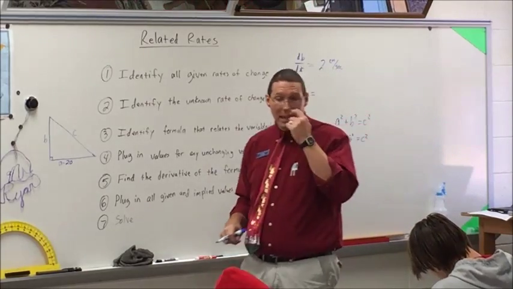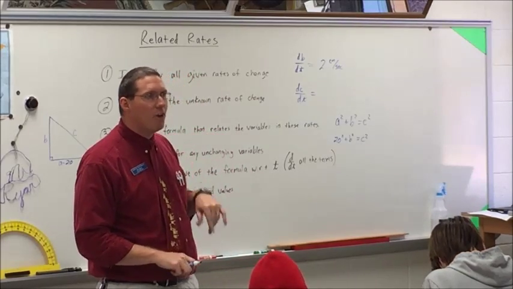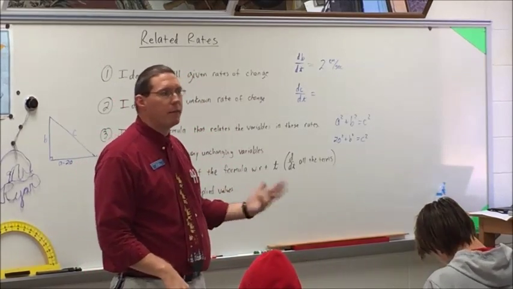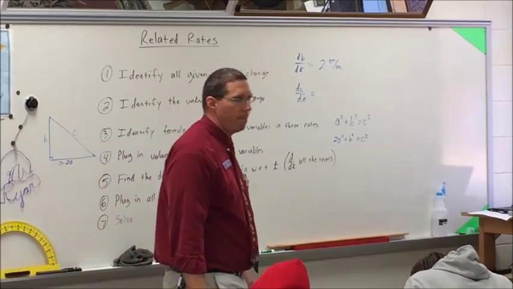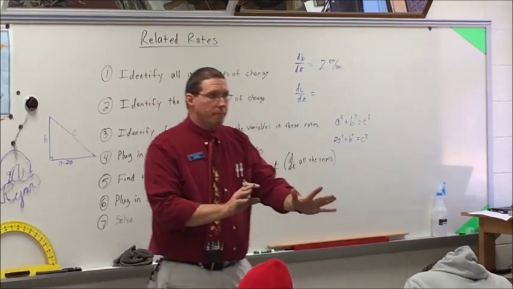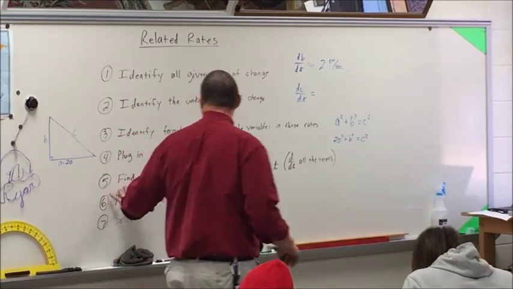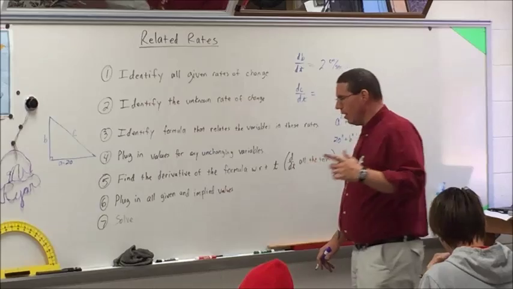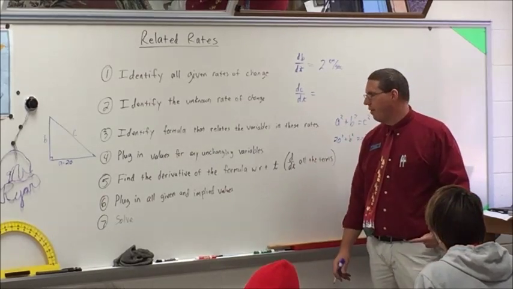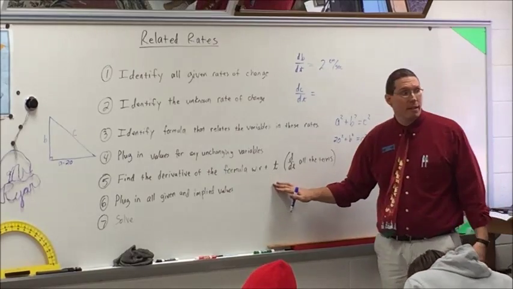We have now modified the formula, and now when we do step 5, we're going to do it to the modified formula, not the original formula. All right. Step 5. Find the derivative of this new formula with respect to t.